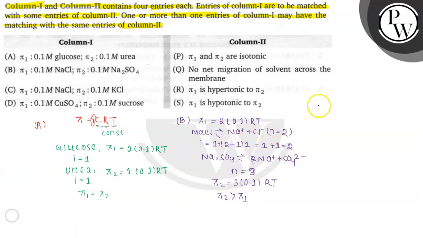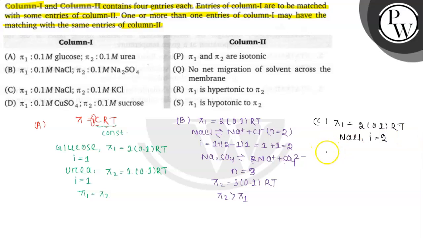So pi 1 for NaCl is the same with 0.1 molarity NaCl. That means it will be 2 into 0.1 RT, because for NaCl the Van't Hoff factor value is 2. Pi 2 is for KCl.